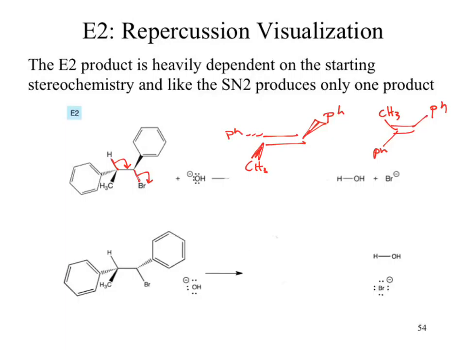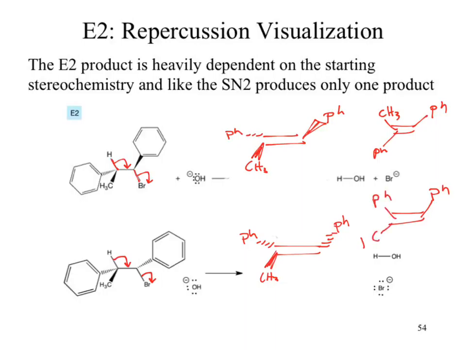What happens in the E2? We have to break and make the bond at the exact same instant, which means what happens to the relative locations of those groups? They stay the same. They cannot move. What does that mean happens when I flatten the structure out?